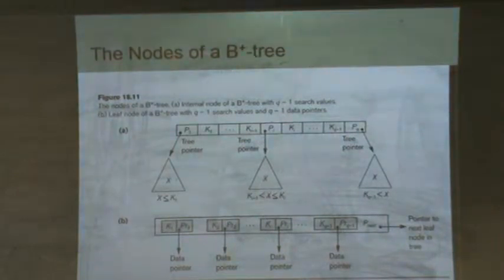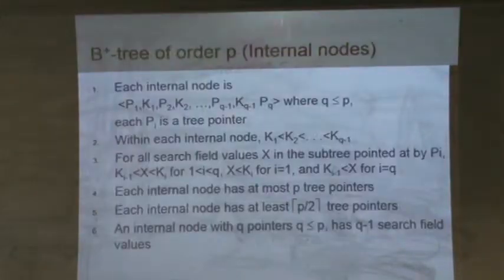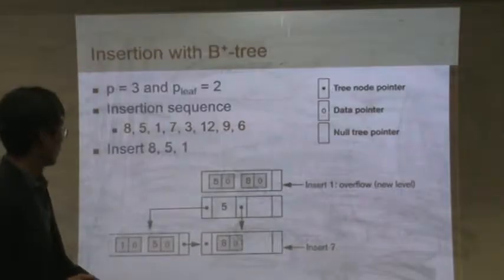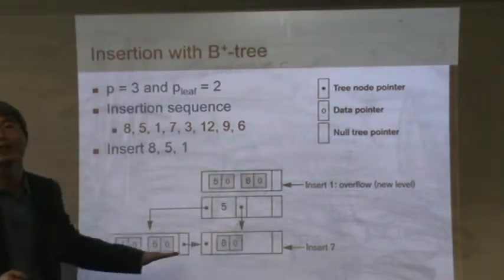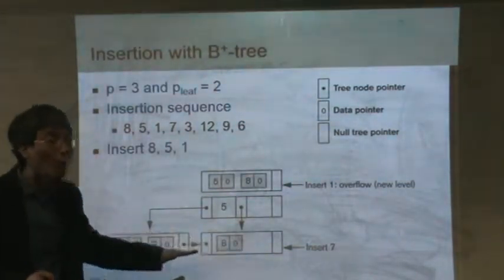Only index key entries will be stored at the low-level node. This one is called leaf node, or first level node, or low-level node.